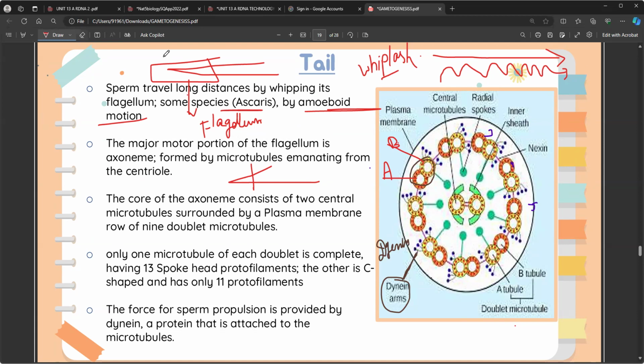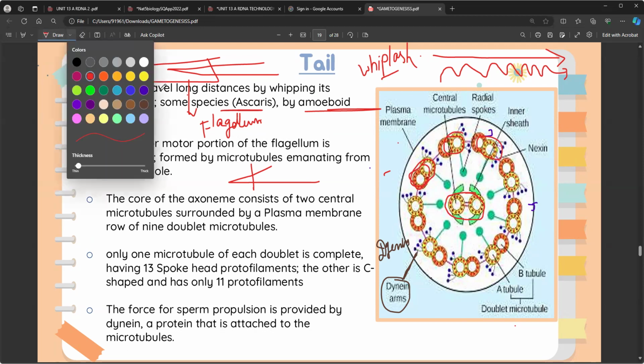And friends, here comes a very important point. In the center, there are two microtubules. On the outer region, there are 9 microtubules, which are doublet in nature. Now, this is one doublet. This is another doublet. This is another doublet.